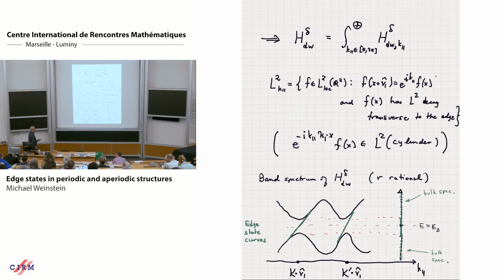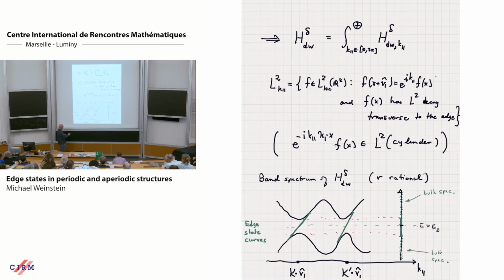And then the claim is that for such a Hamiltonian, you'll have edge state curves. So what happens is the gap will be filled with edge state curves. So I get spectrum all the way through the Dirac energy in this case, but in a neighborhood where the bulk gap was, there are going to be edge states.